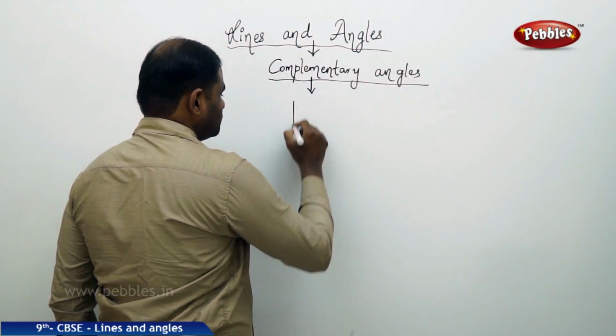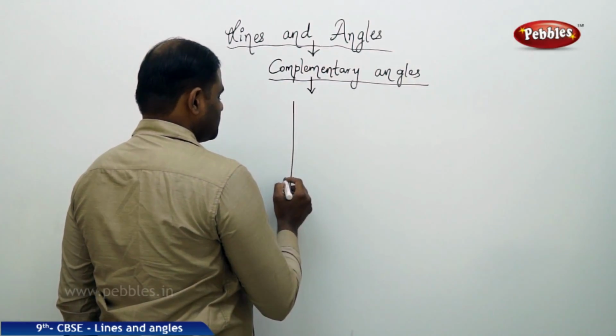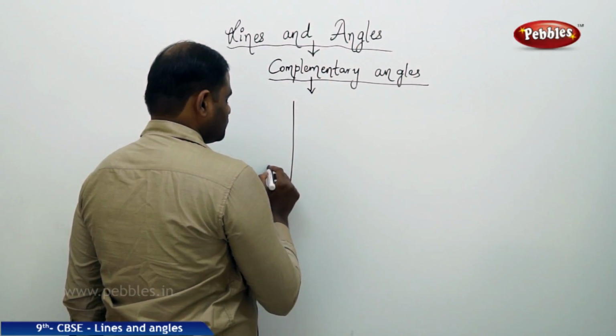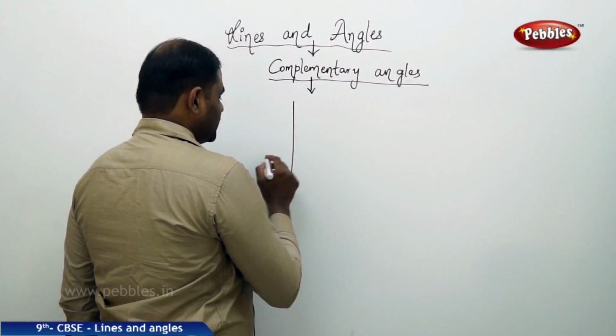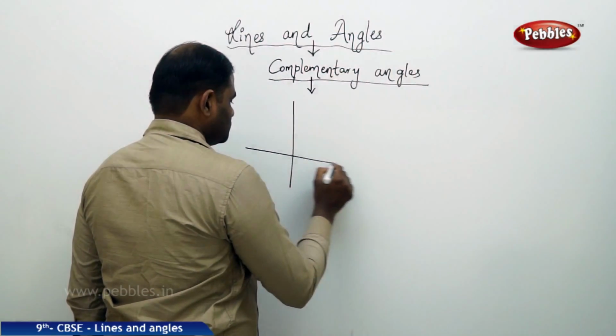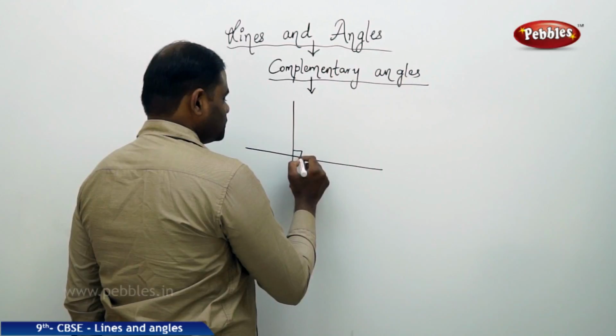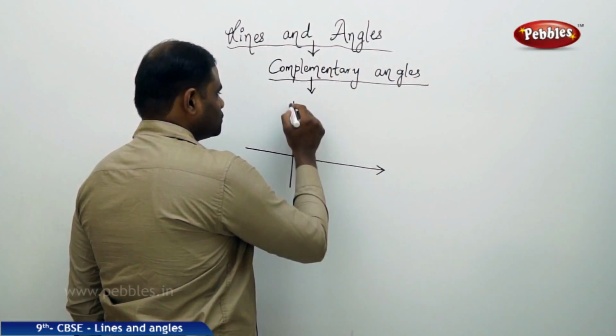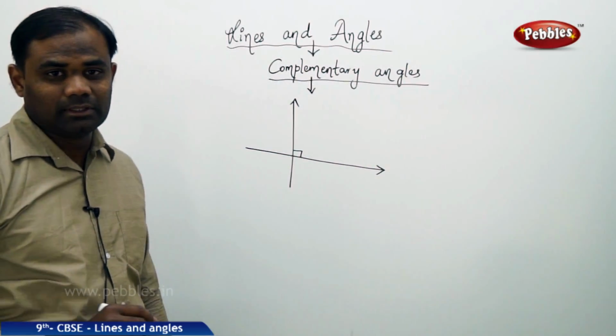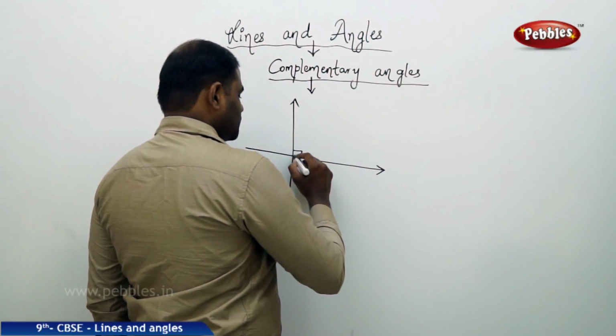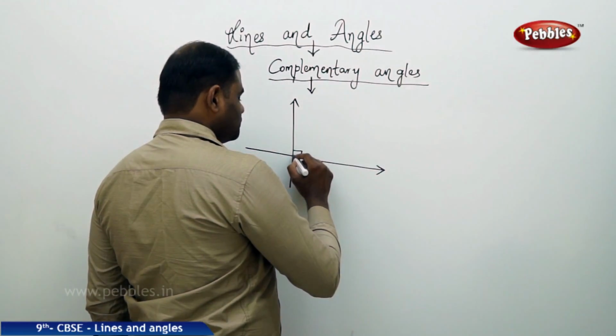Imagine I have two lines which are perpendicular to each other. Imagine there's an angle between them.